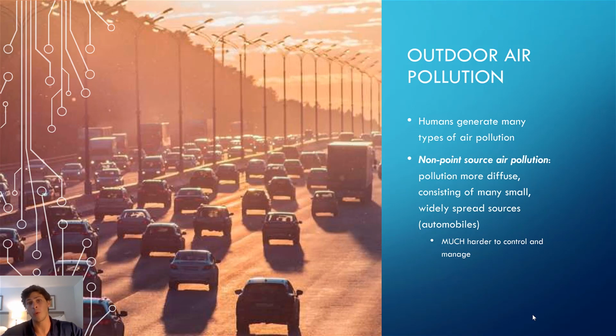We can't really locate one single source when there are thousands of sources. And so as a result, it takes large-scale policy and technology improvements to control non-point source pollution, as well as behavioral improvements, in order to lower the total amount of pollutants in the area that result from non-point source air pollution.